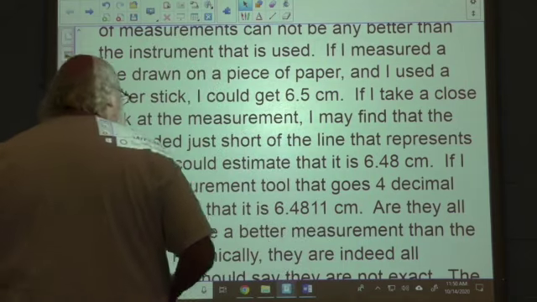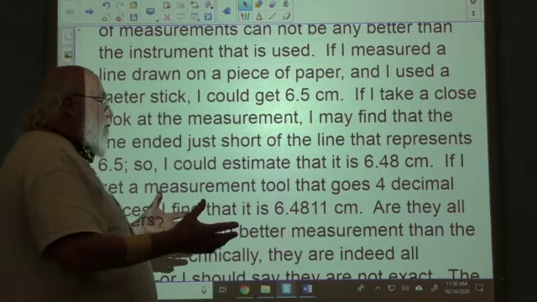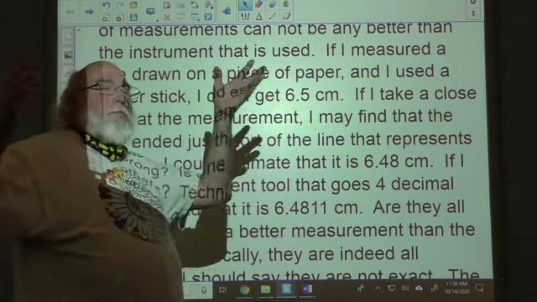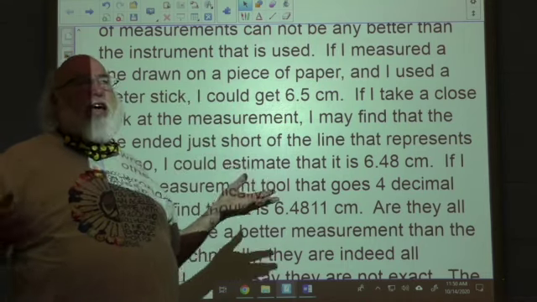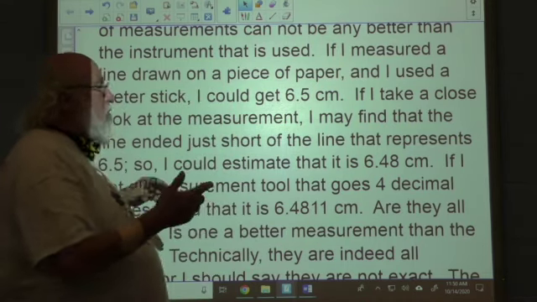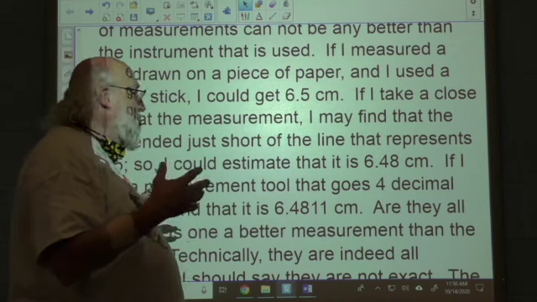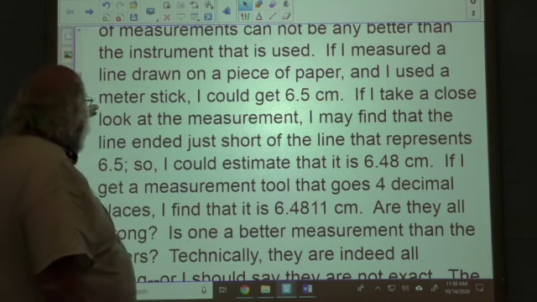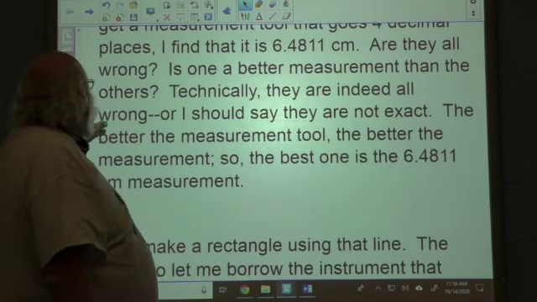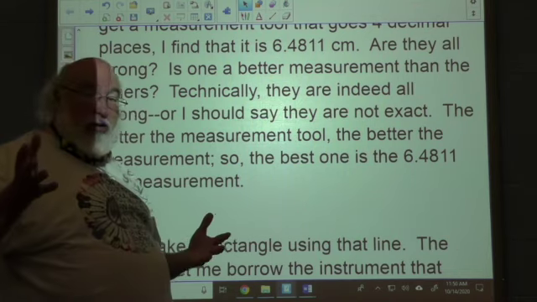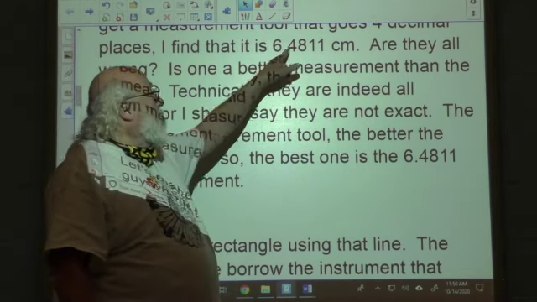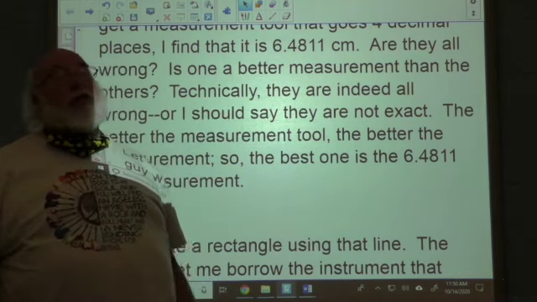Okay? Now, if I get another tool and go 4 decimal places, oh, nirvana for scientists, 4 decimal places for measuring, it's so much fun. Anyway, let's say that I measure again with that particular instrument, and I get 6.4811 centimeters.